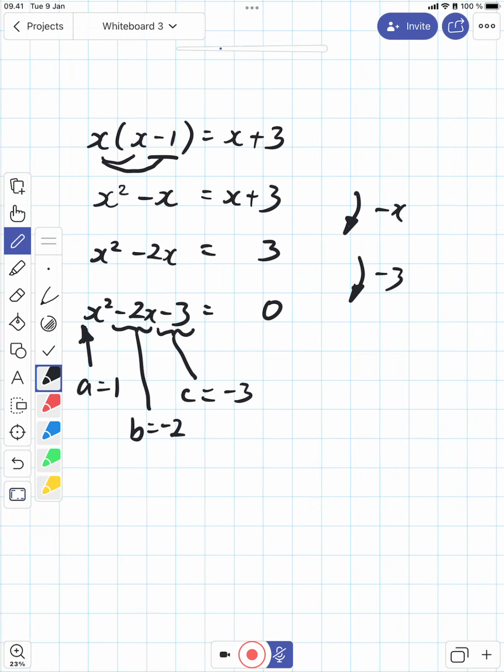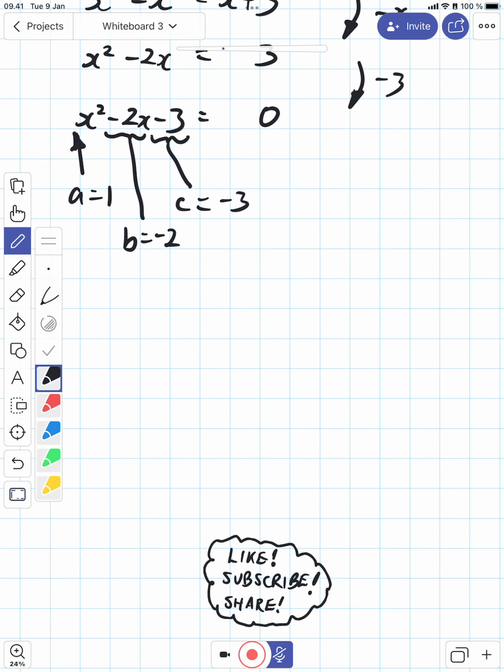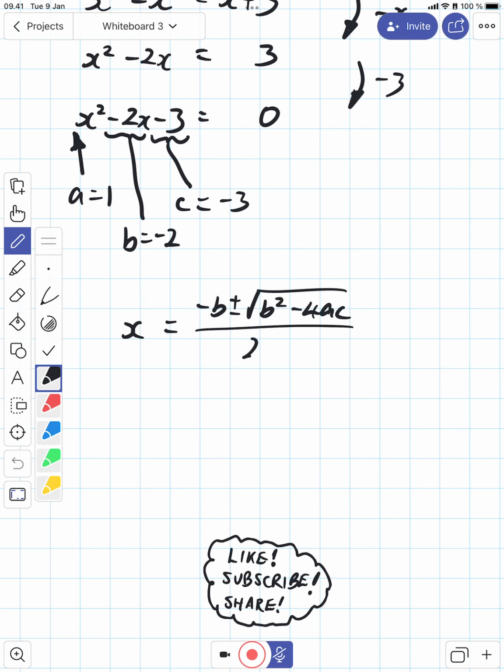So I can stick all of those into the quadratic formula. So the quadratic formula says x equals minus b plus or minus the square root of b squared minus 4ac, all divided by 2a. So let's just stick those a's, b's and c's into that.